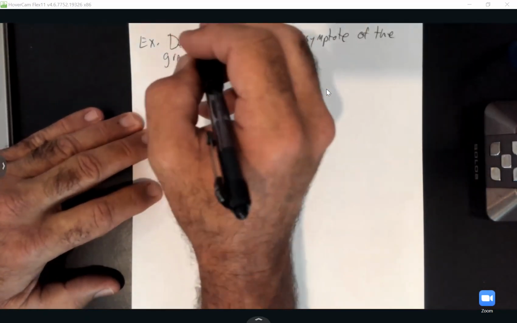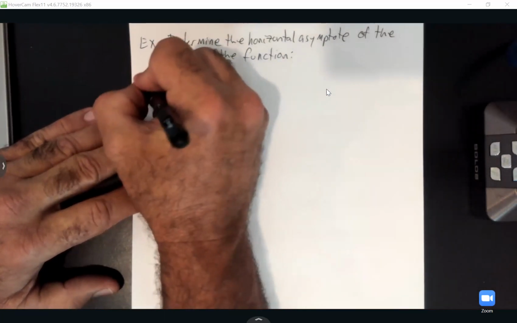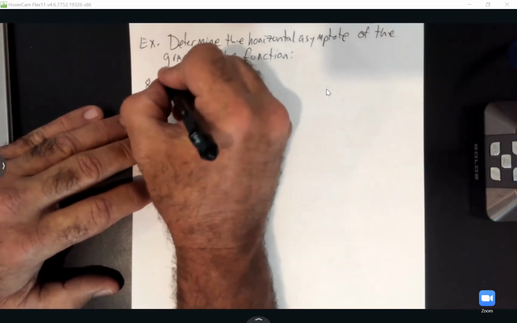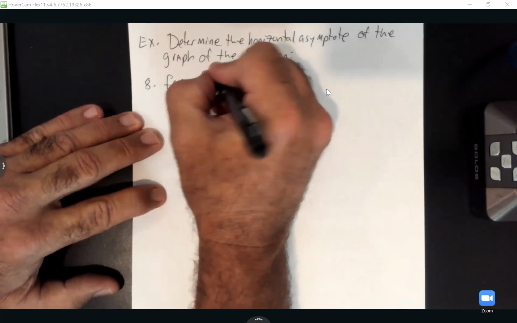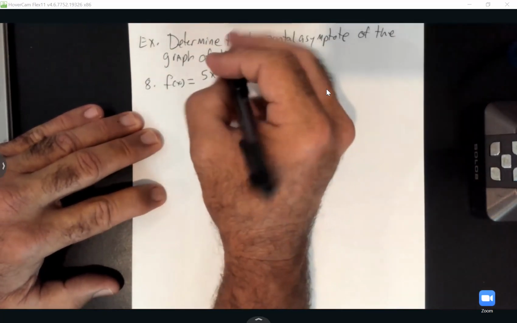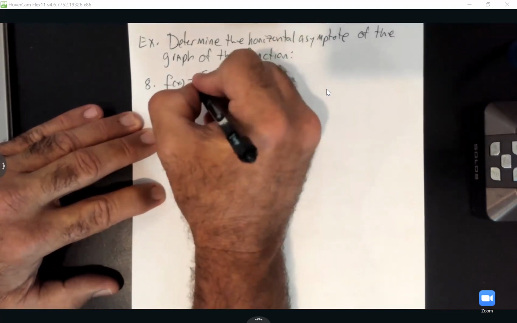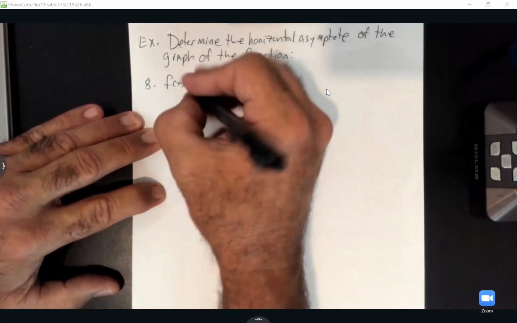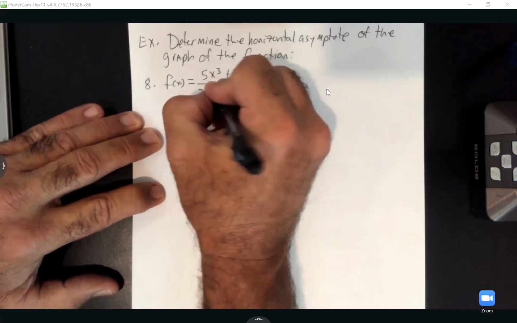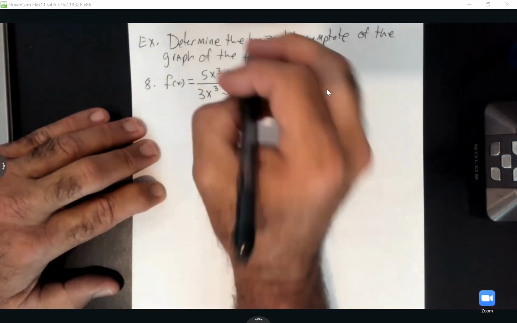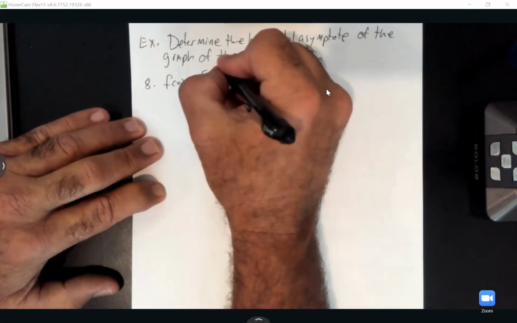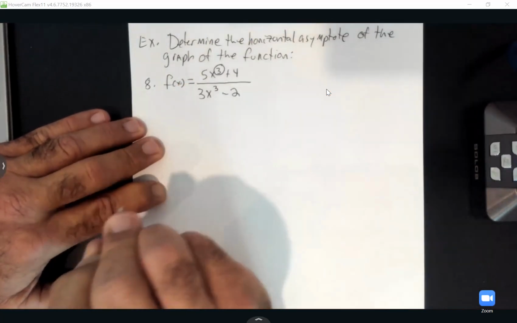All right, y'all, so this looks like number 8 that I'm about to do. Number 8 has f of x equals 5x to the third plus 4 over 3x to the third minus 2. So the first thing you got to do, the degree on top is the highest exponent, which is that 3.